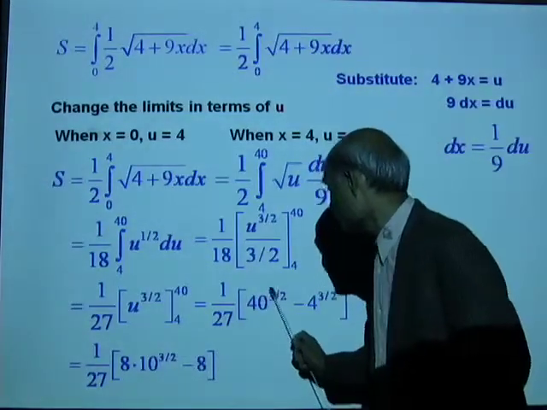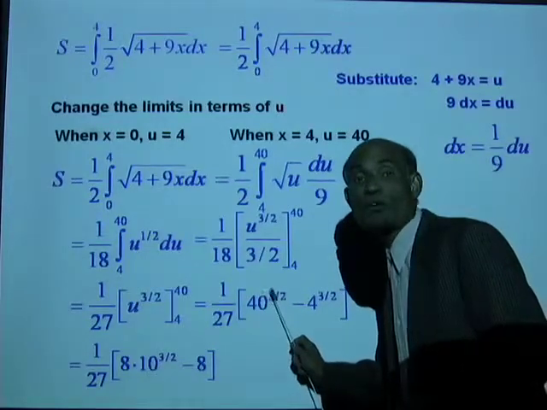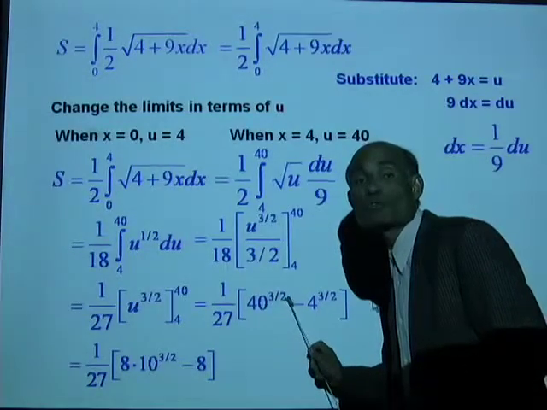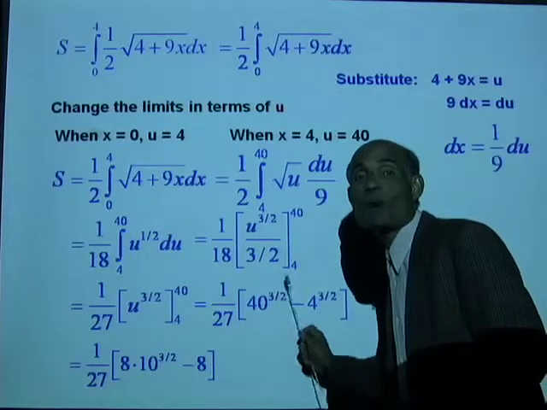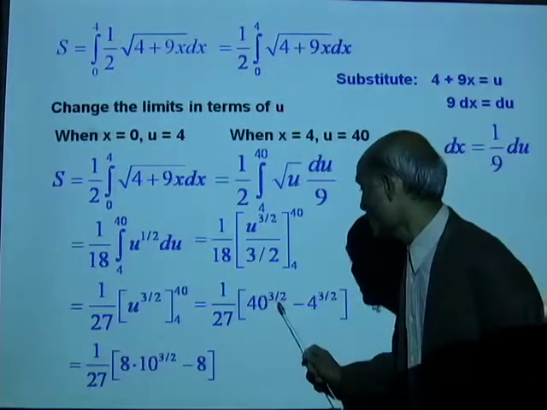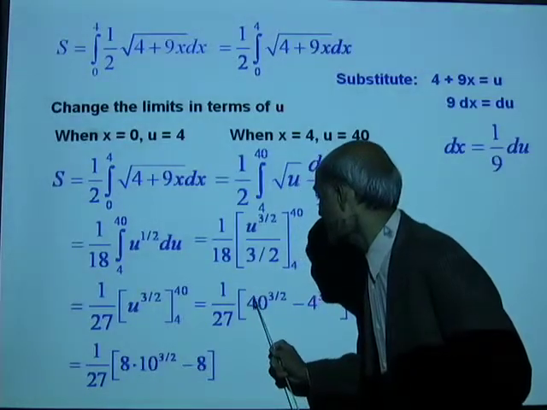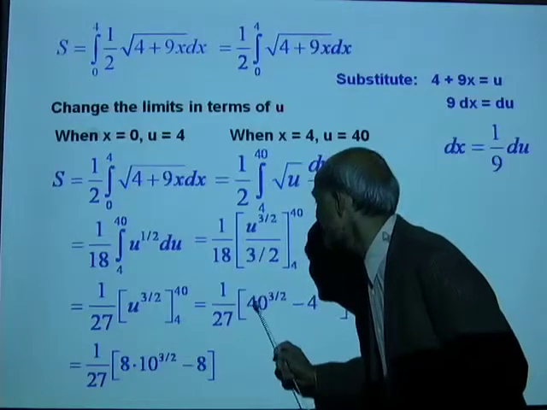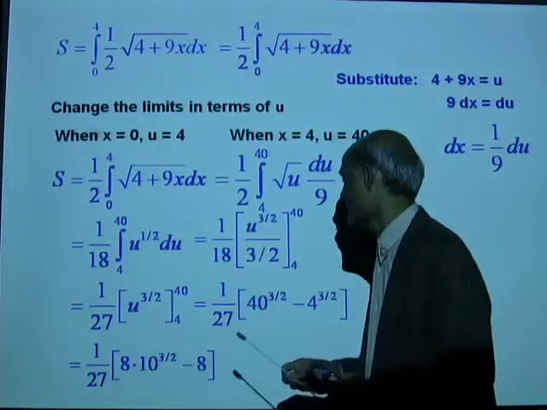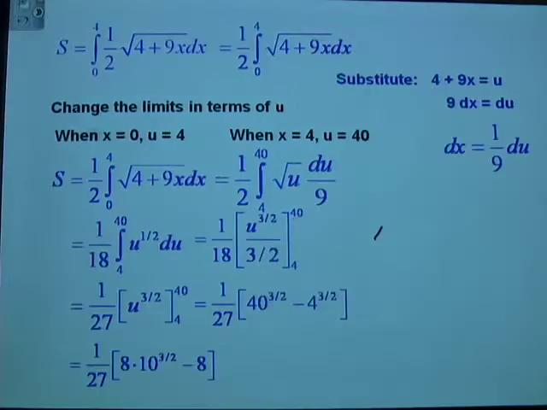Now, if you look at this, a quantity raised to the power of 3 over 2, the denominator of the power is the square root. Let me see if I can show that to you. Watch the simplification if you have difficulty.